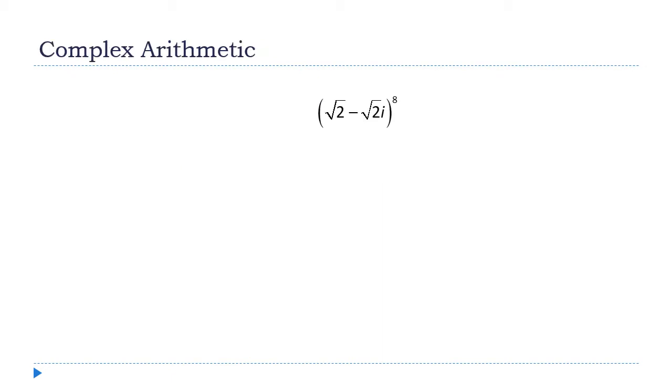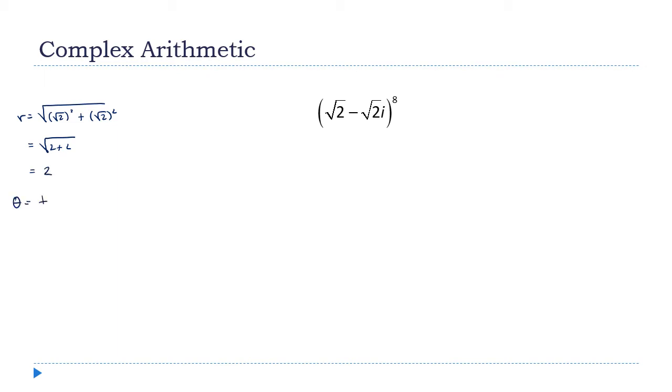First I have to rewrite this in its polar form. So r is the square root of the square root of 2 squared plus the square root of 2 squared. That's the square root of 2 plus 2, the square root of 4, which is 2.